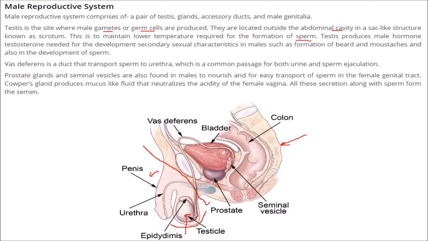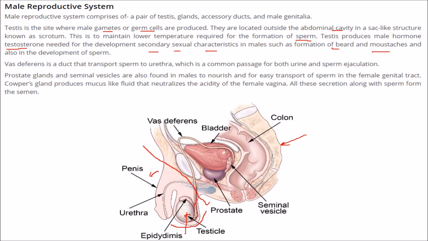And this testis produces male hormone which is known as testosterone. This is needed for the development of secondary sexual characteristics like beard, mustaches, and the development of sperm in males.